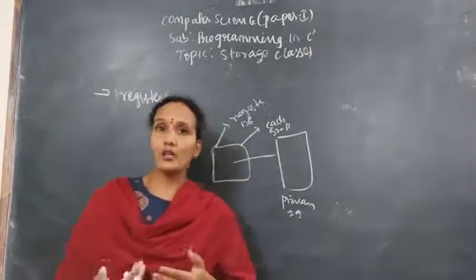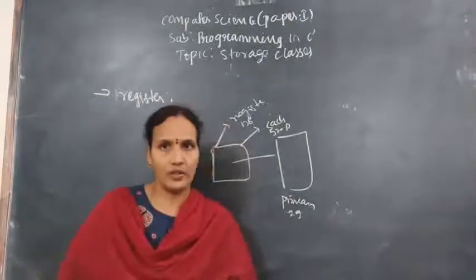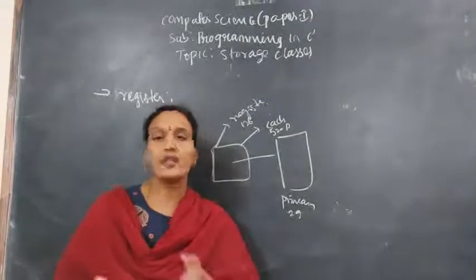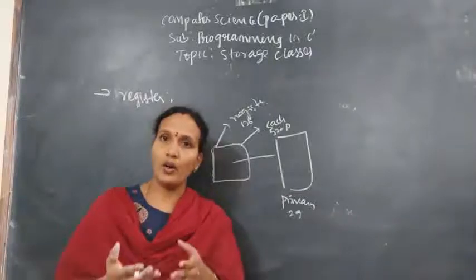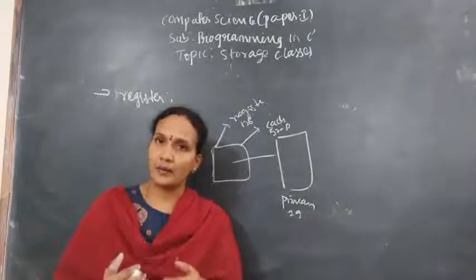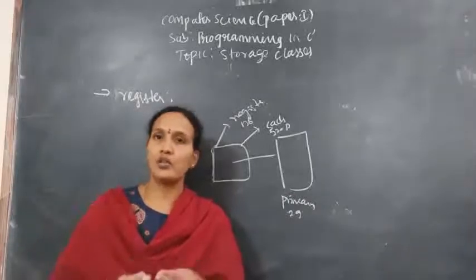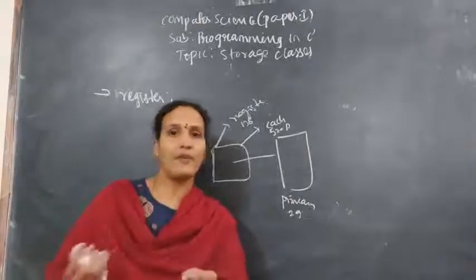Register is also a storage unit. Cache is also a storage unit. Primary memory is also a storage unit. Secondary memory is also a storage unit. The difference is that secondary memory holds a huge amount of data, and primary memory holds limited data compared to secondary memory. Cache stores limited data compared to primary memory, and registers store limited data compared to cache memory.